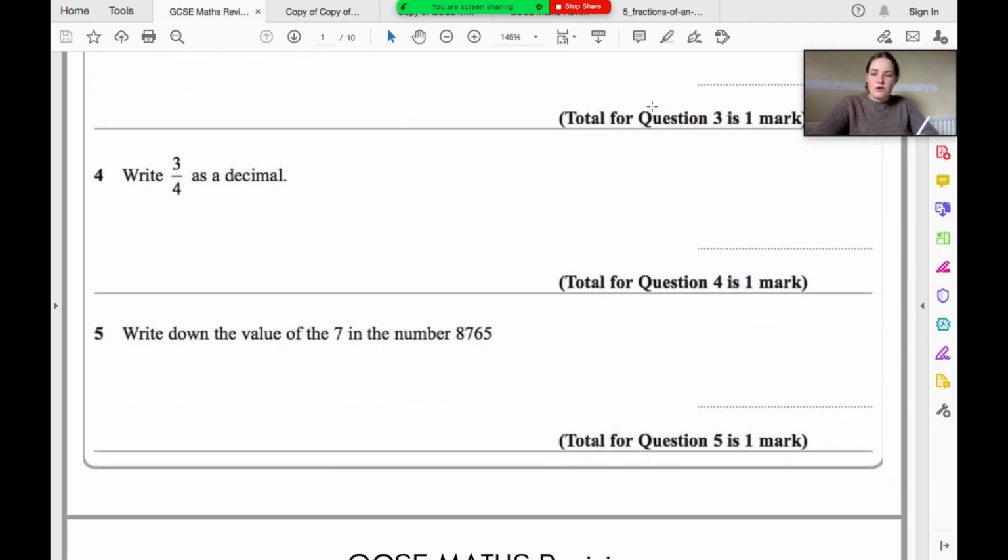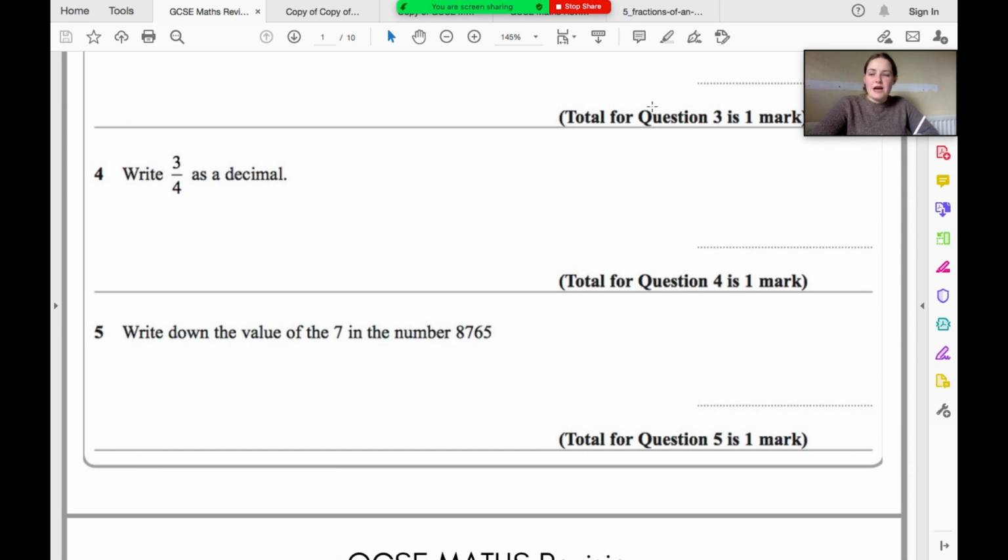The next couple we have are write down 3/4 as a decimal and write down the value of 7 in the number 8,765. Now, when you write 3/4 as a decimal, it's a non-calculator paper, so you're just going to have to remember those. There's a certain amount of fractions that you just need to memorise, and hopefully you know most of them.